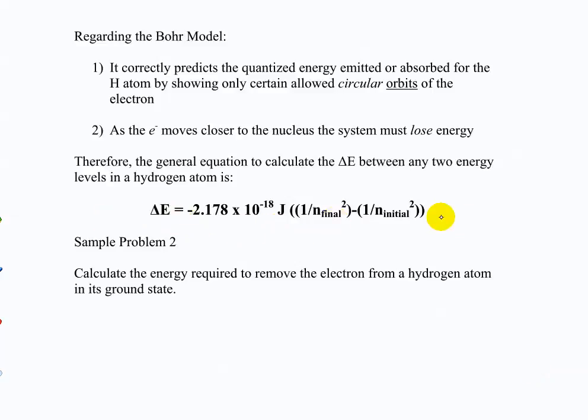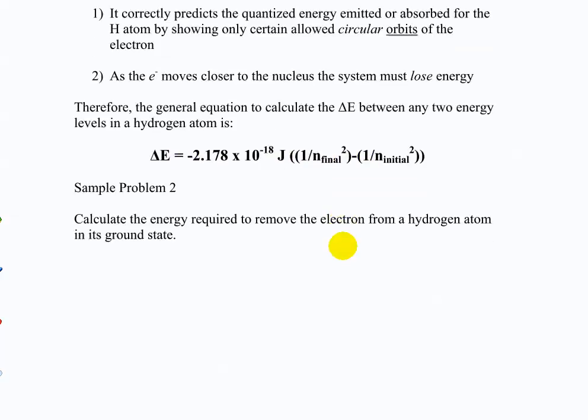A general equation to calculate the change in energy between any two levels is the same constant times 1, let me rewrite this in case it's not clear. This is 1 over n final squared minus 1 over n initial squared.